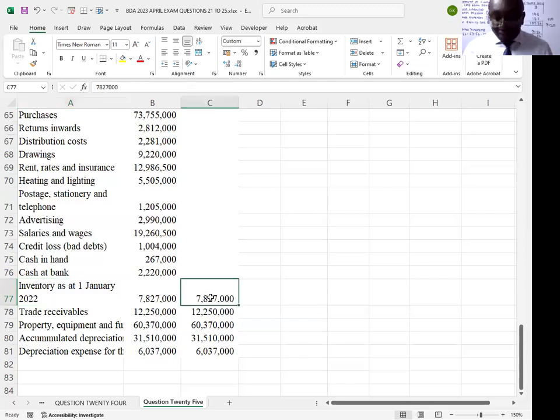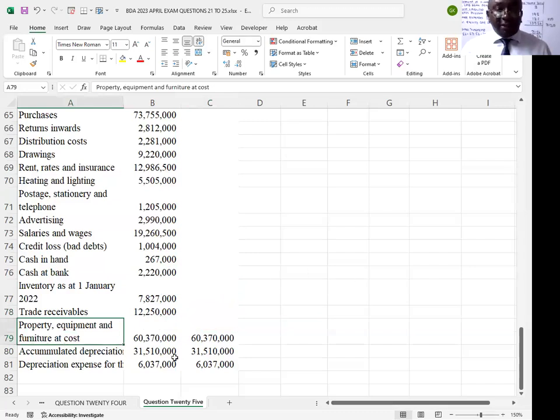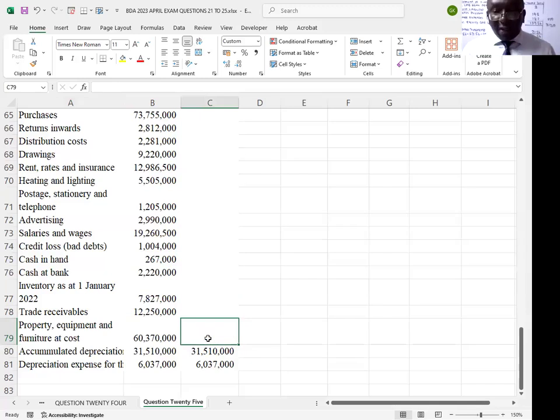We need to debit that. Trade receivables, those are people we have sold to on credit. That is an asset, we need to debit. Property, equipment, and furniture at cost. That's a fixed asset. You debit.